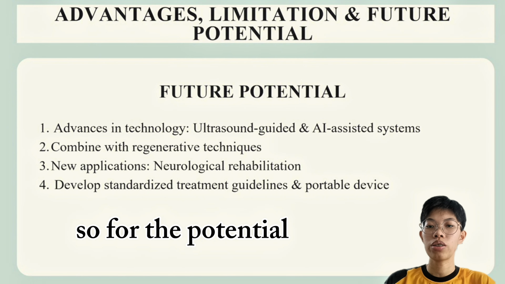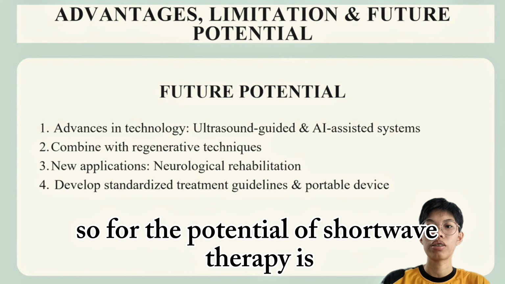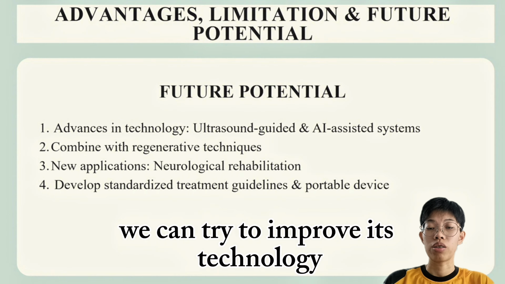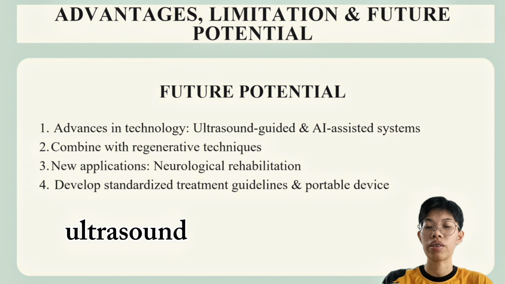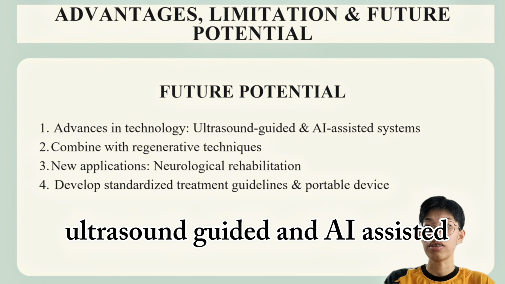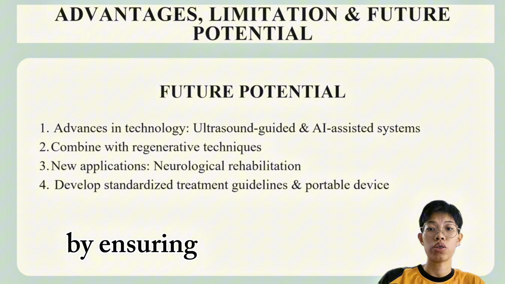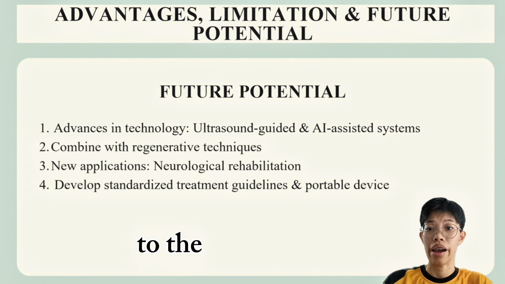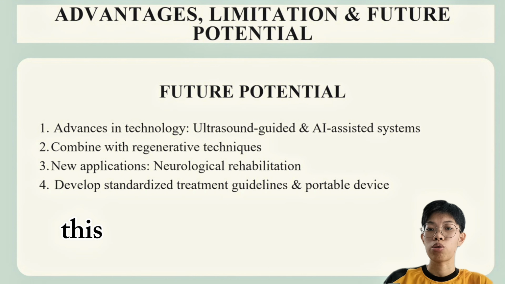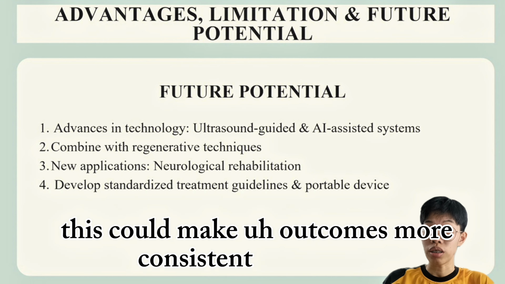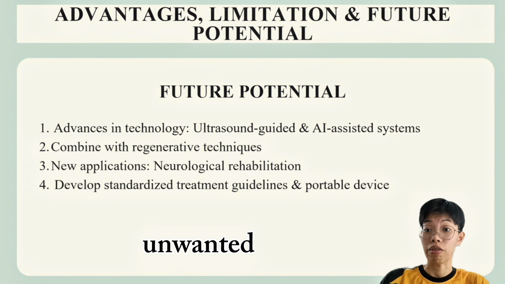For the potential of shockwave therapy, we can try to improve its technology, such as ultrasound guided and AI assisted systems. This can improve the accuracy of treatment by ensuring the energy is delivered to the exact injury site. This could make outcomes more consistent and reduce unwanted side effects.